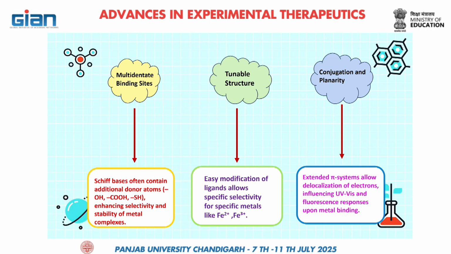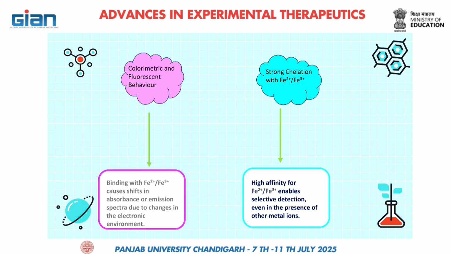And conjugation and planarity: conjugation leads to the delocalization of electrons and induces the UV-visible and fluorescence response upon binding of the metal. Now, colorimetric and fluorescence behavior. Binding with metals causes a shift in the absorbance. It can be any shift, increasing wavelength or decreasing, bathochromic, hypsochromic, etc. And chelation, the high affinity for metal ions, enables selective detection even in the presence of other metal ions.